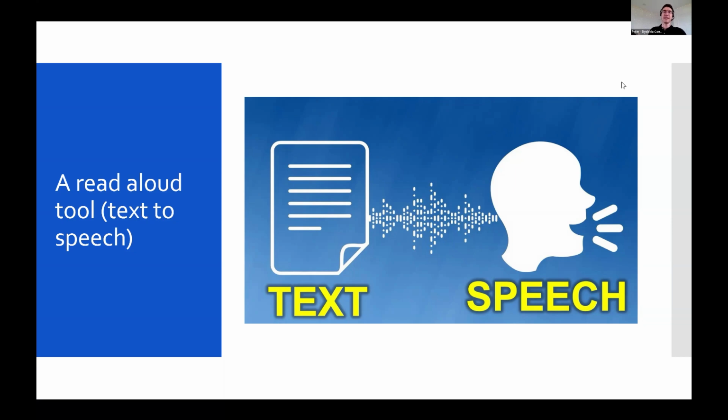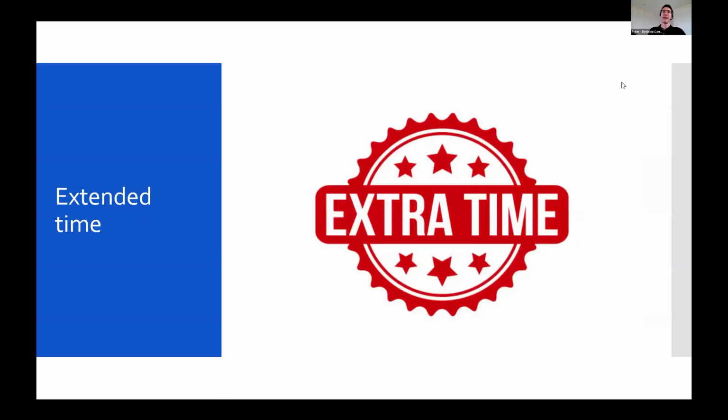Another great accommodation is extended time. We know that dyslexia affects reading, spelling, and reading comprehension, and often students with dyslexia are going to read slower than their peers. So having extra time is beneficial on multiple levels. First of all, the student with dyslexia will be less stressed knowing that they have extra time to complete the test, and that will make them feel less like they have to rush.